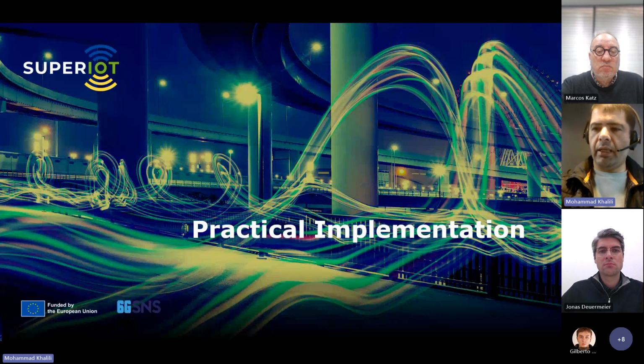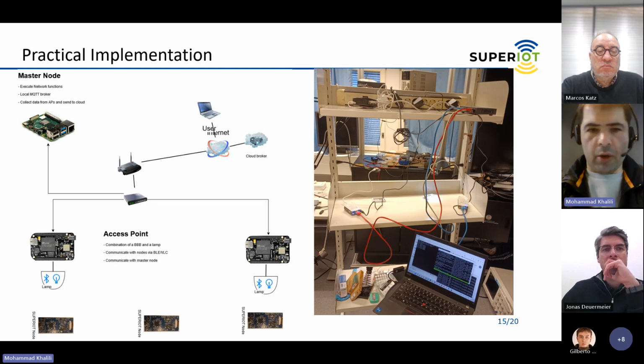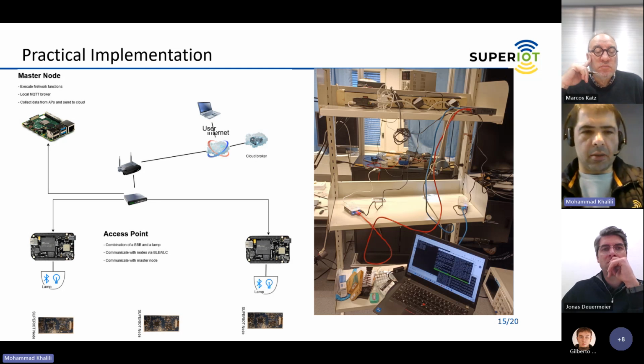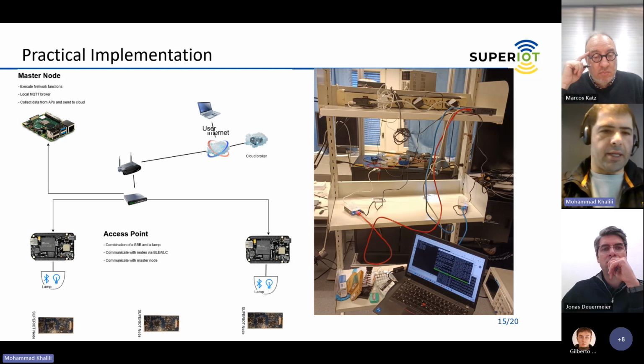Okay, also we implemented these networks at the University of Oslo. Actually, we have a network here, and this is a figure of our implementation. Here we used BeagleBone Blacks and a new lamp produced in this Super IT project that is a combination of narrowband VLC and BLE, Bluetooth Low Energy.